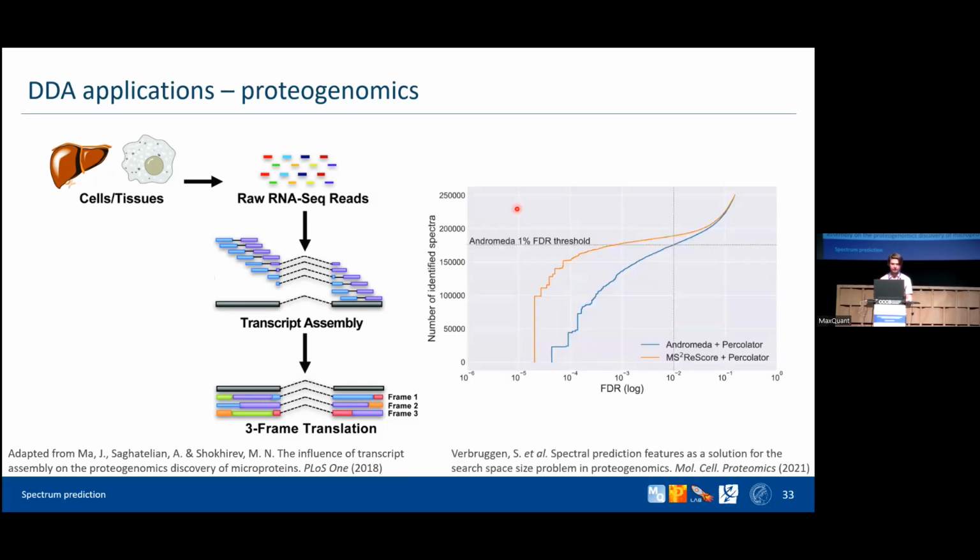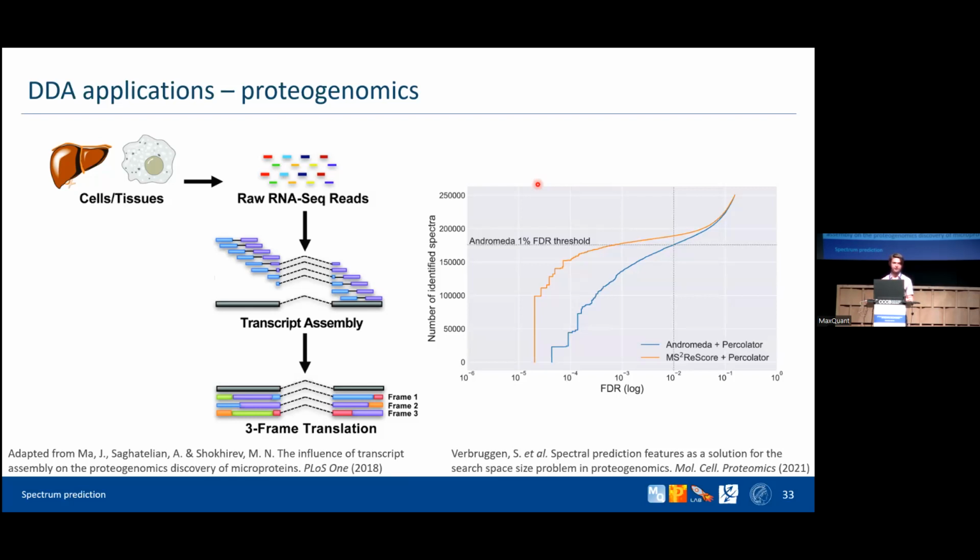And Verbruggen et al. have shown that proteogenomics can also benefit from the integration of predicted spectral intensities. They generated proteogenomic search spaces using ribosomal profiling and the 3-frame translation database based on RNA-seq. Then they used MS2PIP and PROSIT to augment Andromeda search scores.